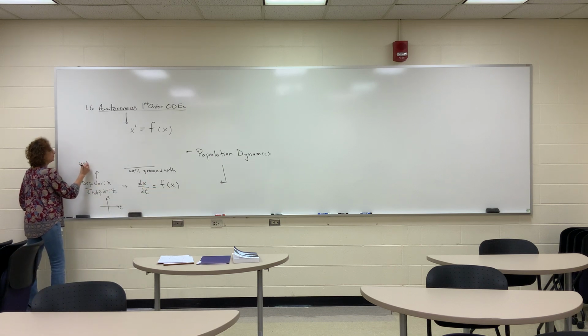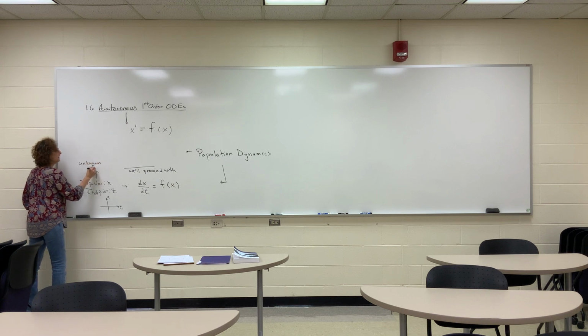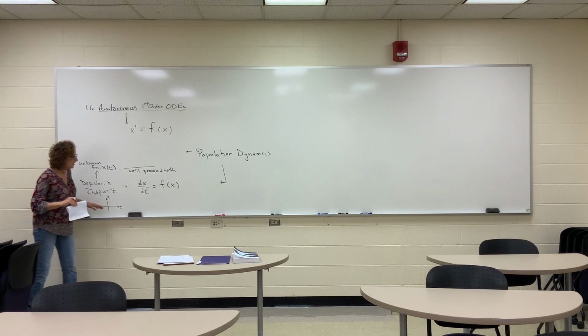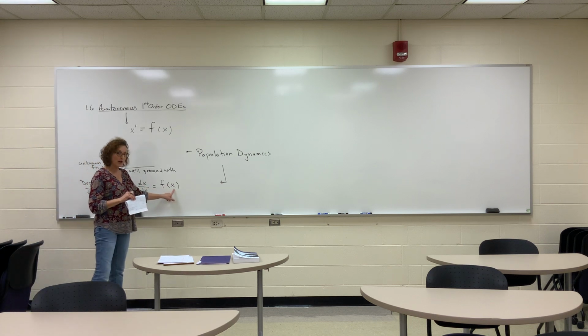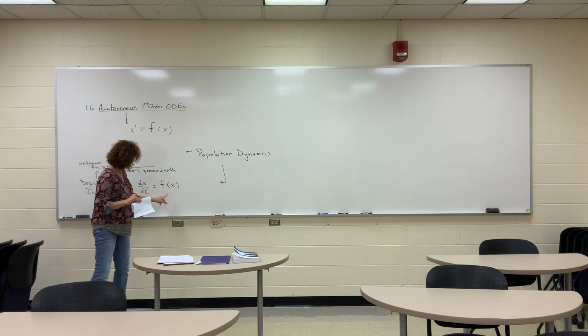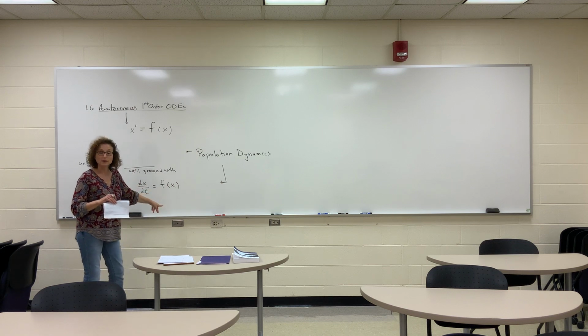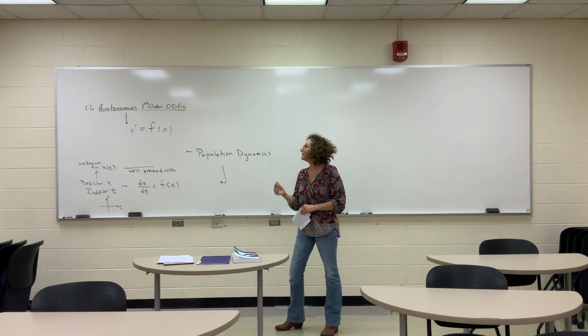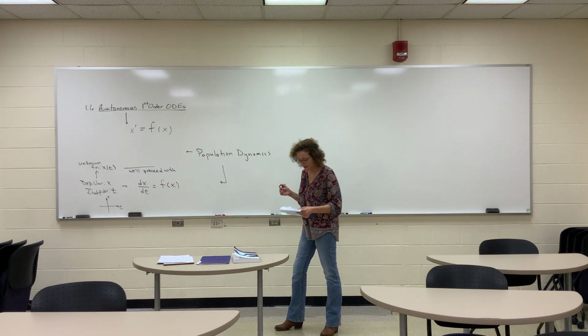Our unknown function is x as a function of t. So if this was an f of t, this would not be an autonomous equation, but it would be just a simple calc 1, calc 2 integration, right? It's not a t, it's an x. That makes it a differential equations problem, right?